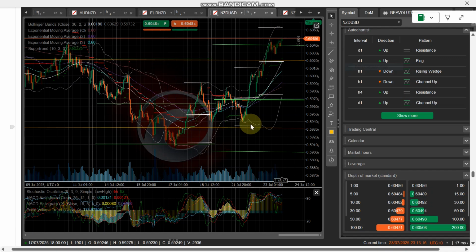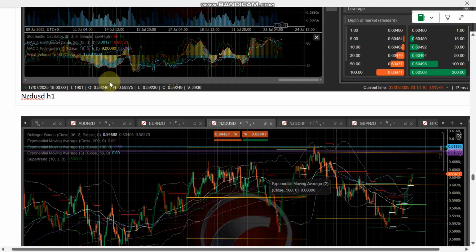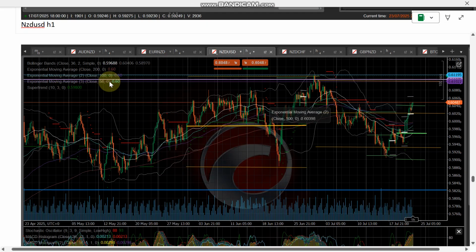Test 1, test 2, not even taking the price, going up to the next key level, gatekeeper, level keeper, bridge him, stay above. New Zealand USD 4 hours, climbing up to the higher time frame.